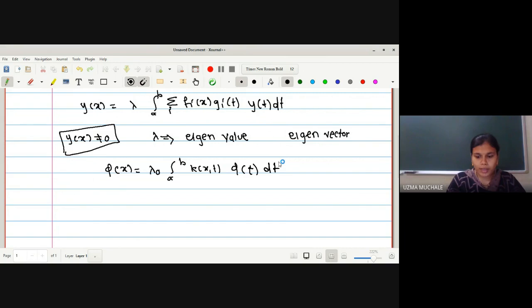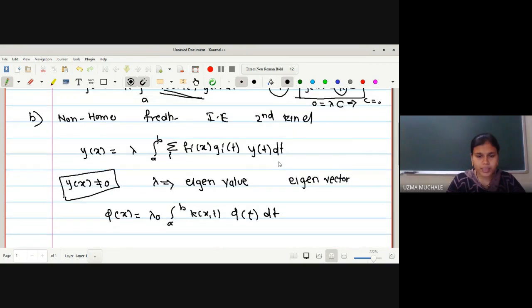So wherever you have y, you can put phi of x, and corresponding to lambda naught we get this solution. So corresponding to lambda naught, if this is the eigenvalue, then this is an eigenvector corresponding to the eigenvalue lambda naught.